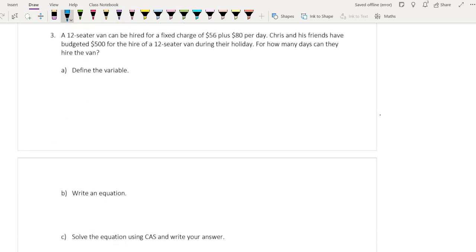Alright, the next question, it says that we have a van that we're hiring at a fixed charge of $56 plus $80 for every day. And we have a budget of $500. How many days can we hire the van?